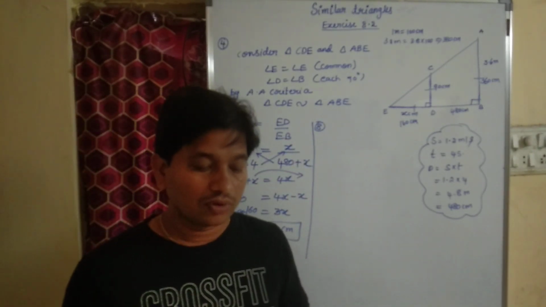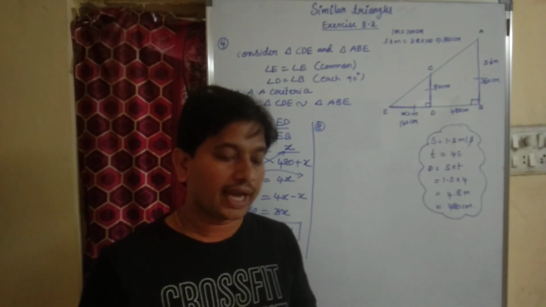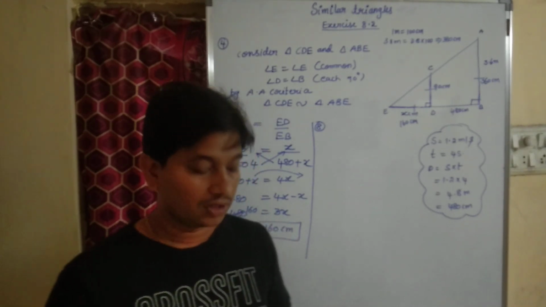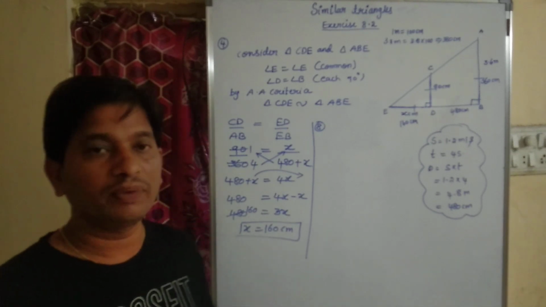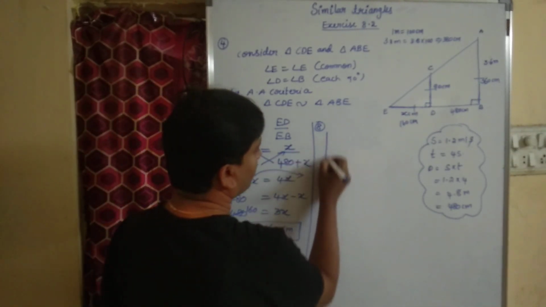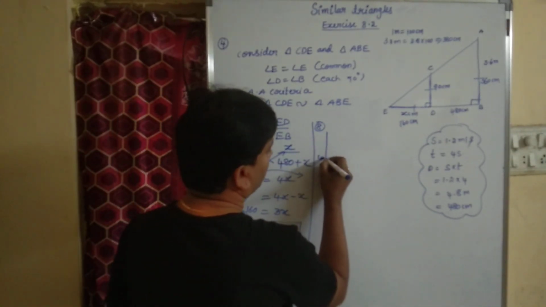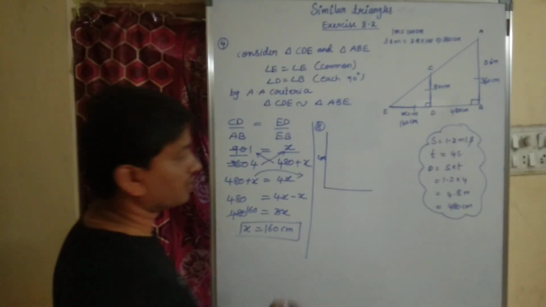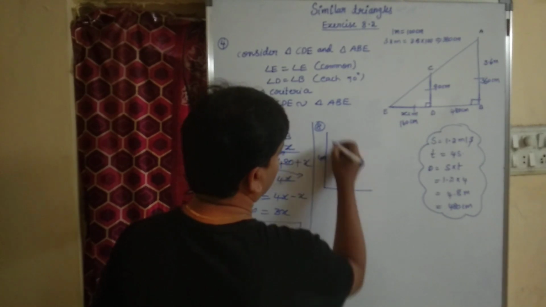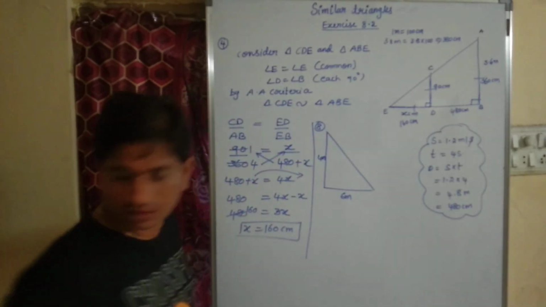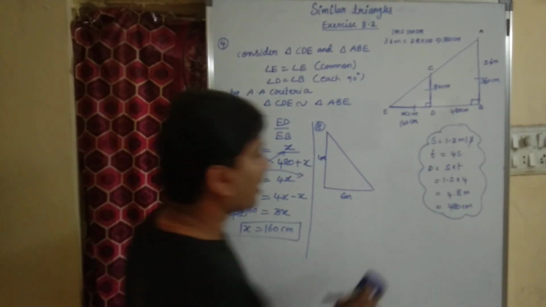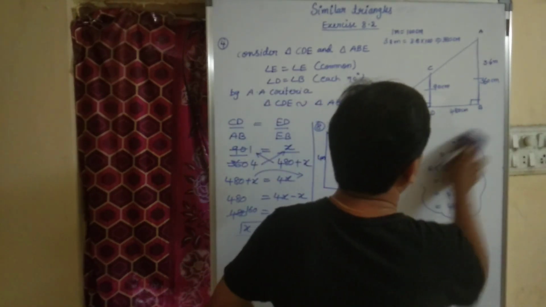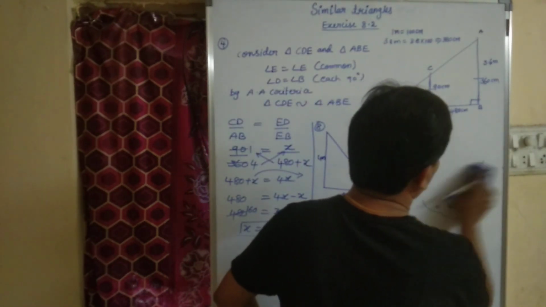A flagpole 4 meter tall casts a shadow of 6 meters. Is it clear? Statement number 1: flagpole 4 meter tall casts a shadow 6 meters.